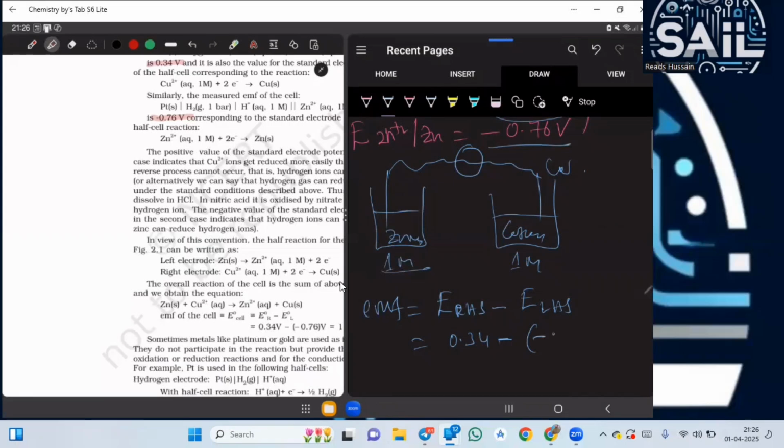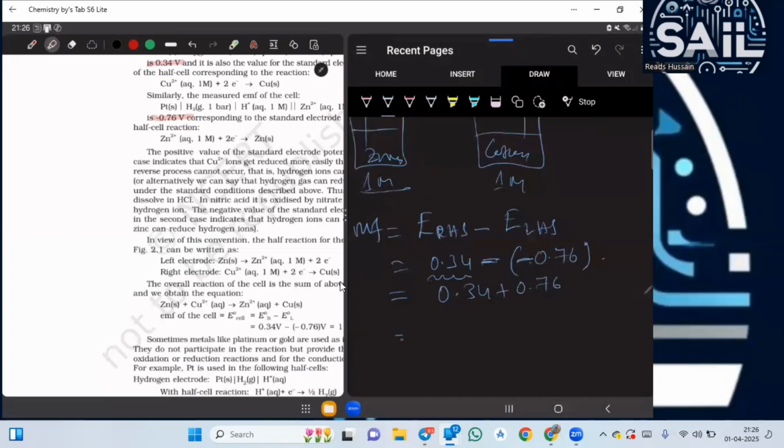So this is plus 0.34 minus of minus 0.76; minus of minus becomes plus, so 0.34 plus 0.76, and the total potential will be 1.10 volts.